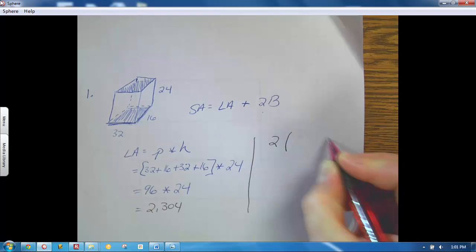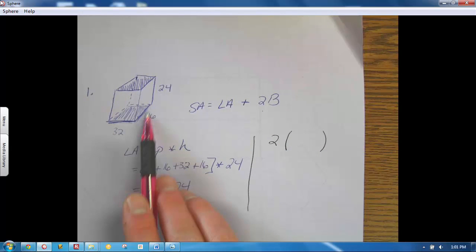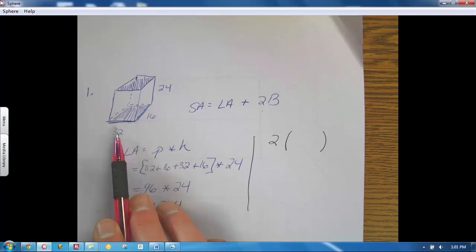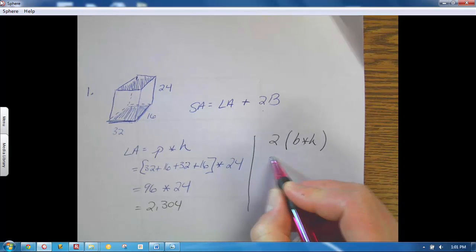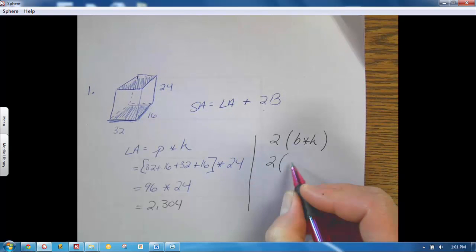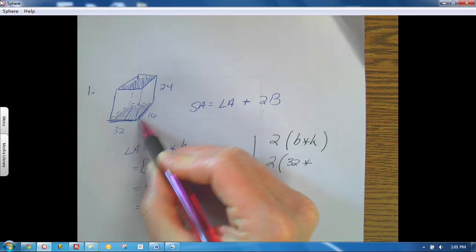In this case, my base, remember we chose this as my base, is a rectangle, so we do base times height. The base is 32. The height of that rectangle is 16.